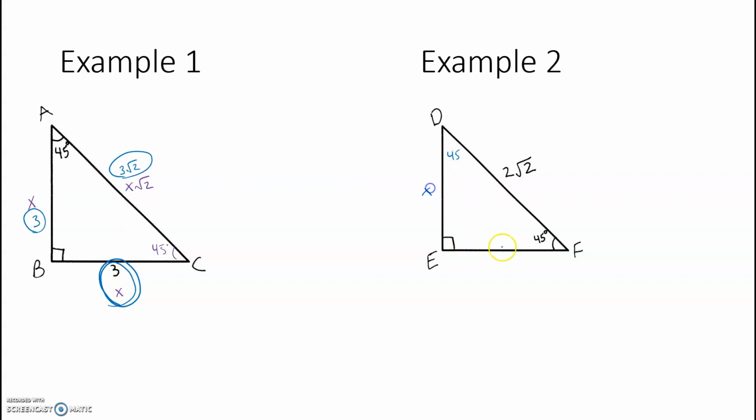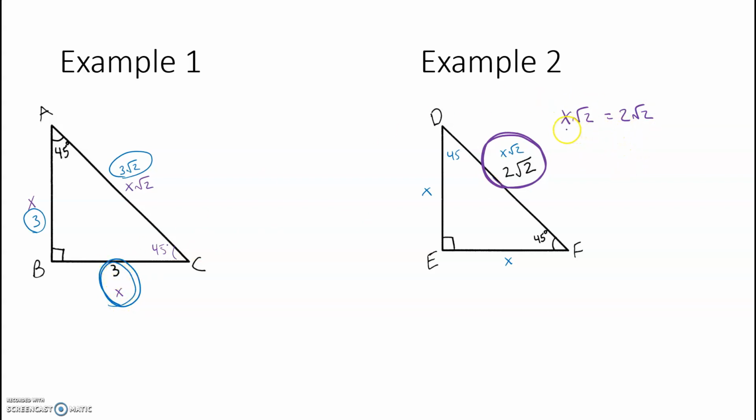So we have x, x, x root 2. And then again, you have to go where it gives you information. So here is where it gave me information. We know that x root 2 equals 2 root 2. It's a little bit easier in the last one because it just said x equals 3, and we were done.